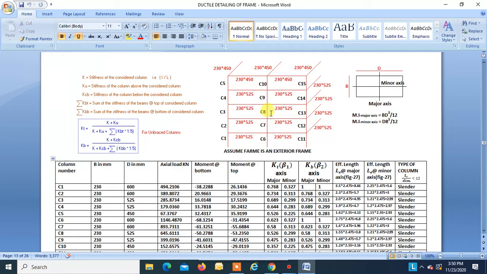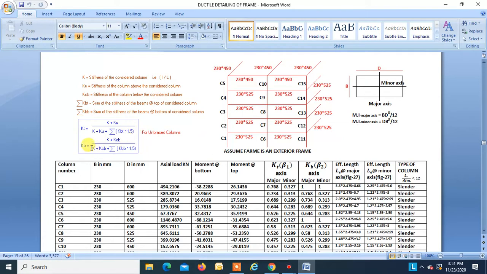Now suppose we want to find Kt and Kb. This is the considered column, say column number 8. Kt is the stiffness of the top joint and Kb is the stiffness of the bottom joint. Let us find the stiffness of the top joint first. K is the stiffness of the considered column, Kcu is the stiffness of the column above the considered column, and the sum of Kbt is the stiffness of the beams falling at the top joint, which is to be multiplied by 1.5.